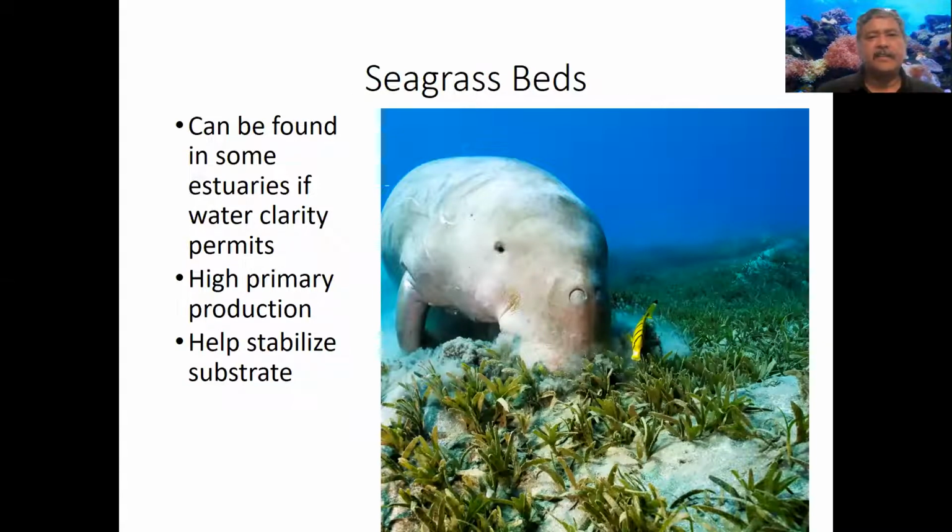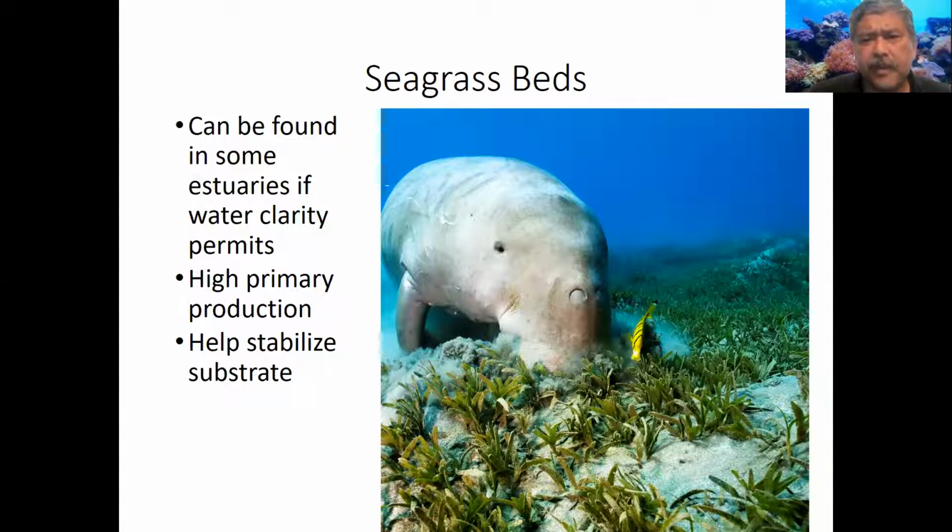All right, here's another type of estuary specifically that we haven't got into yet. This is a dugong, like the manatee in Florida. But this one, I think, comes from Egypt. And it says here it can be found in some estuaries if the water clarity permits. Remember that in the most common type of estuary where the rivers come down and mix, you're going to have a high turbidity in your water.